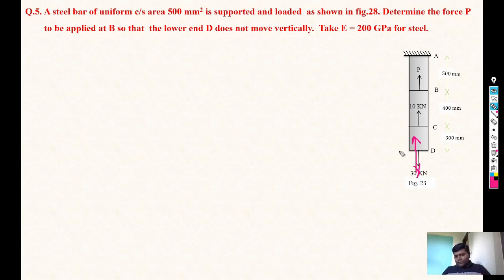So we can consider that the movement of point D is 0. It will be fixed. And another condition, the bar is vertical but it's free at the lower end and fixed at the upper end. So we should start our calculation from the free end, from the bottom.